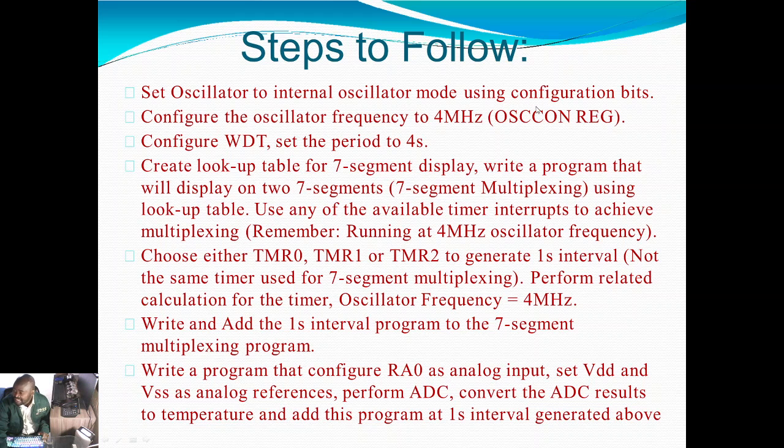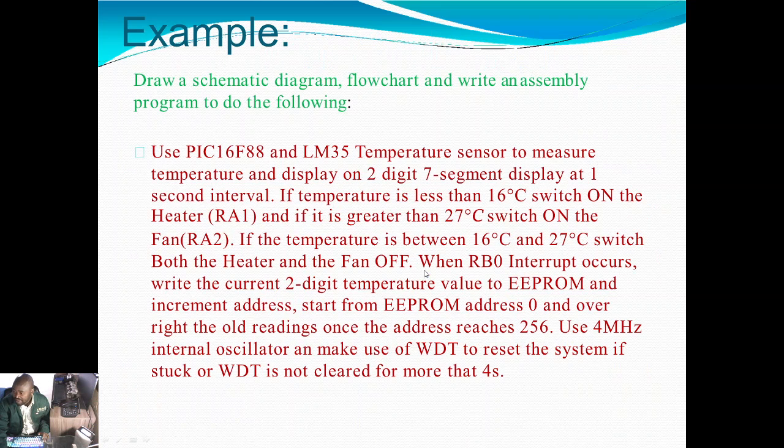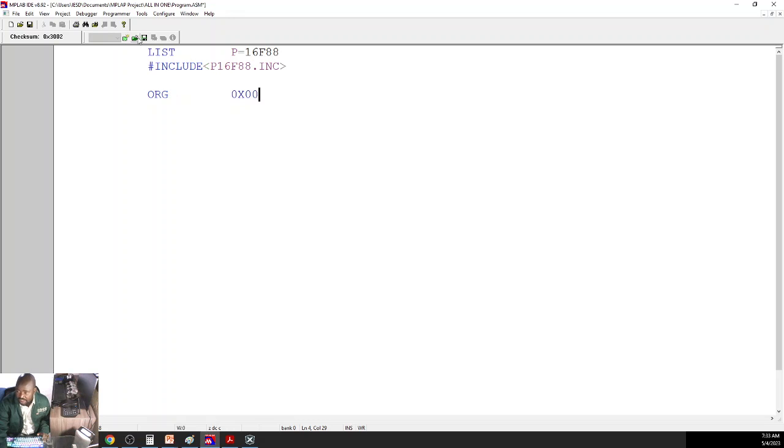We don't really need a flowchart to do configuration because all that we need to do is configure it. In which way? We want to use the internal oscillator, and at some point we also want to use the watchdog timer. So let's see how we have to set up our configuration bits to achieve that.